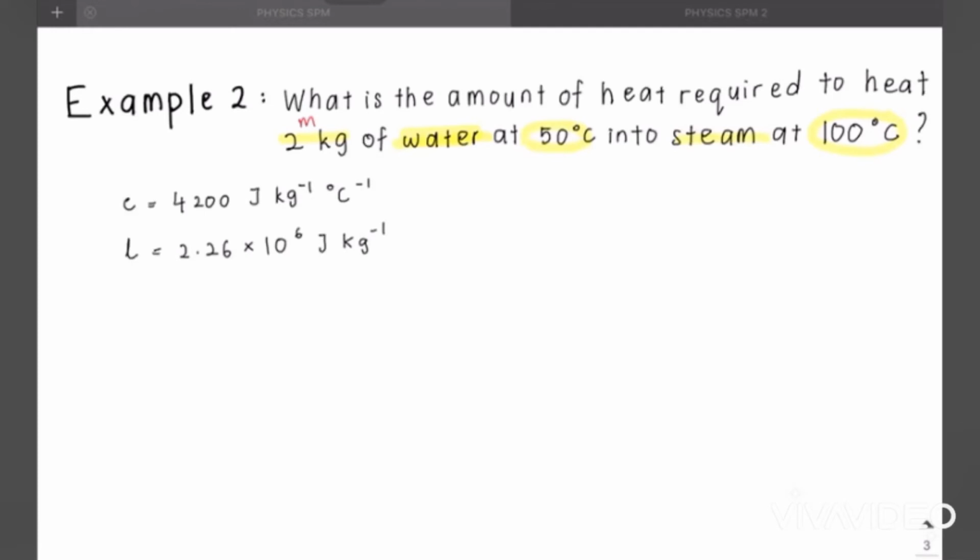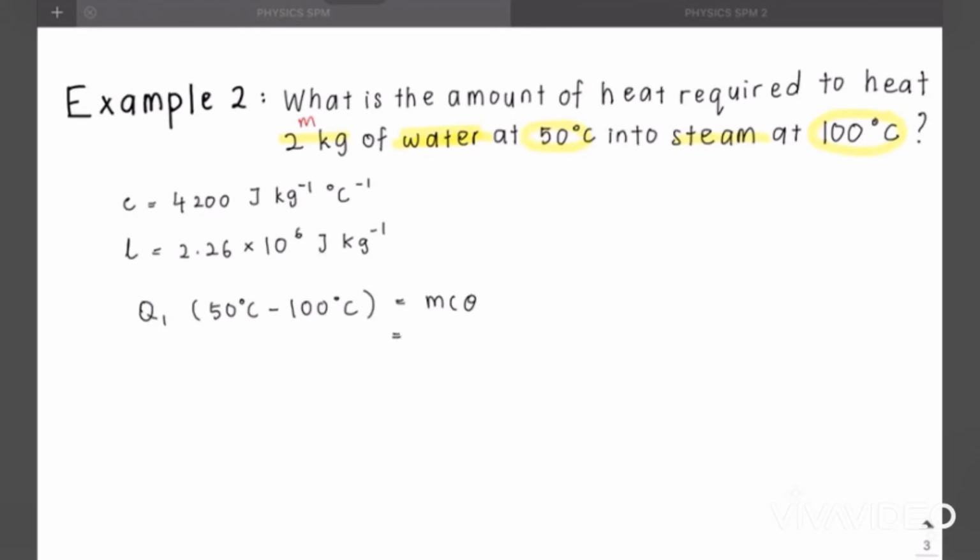Okay, next, because it involves two states of matter, first we need to find the heat needed to heat water from 50 degrees Celsius to 100 degrees Celsius. You use the specific heat capacity, which is Q equals mc theta.